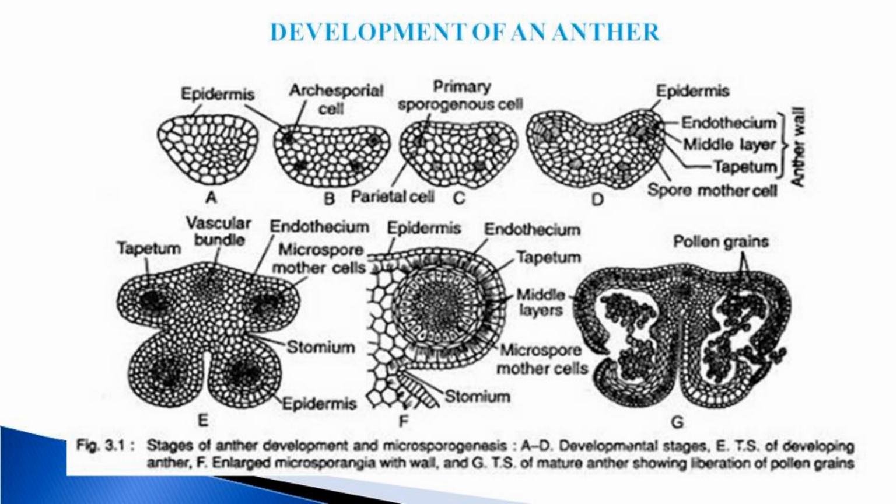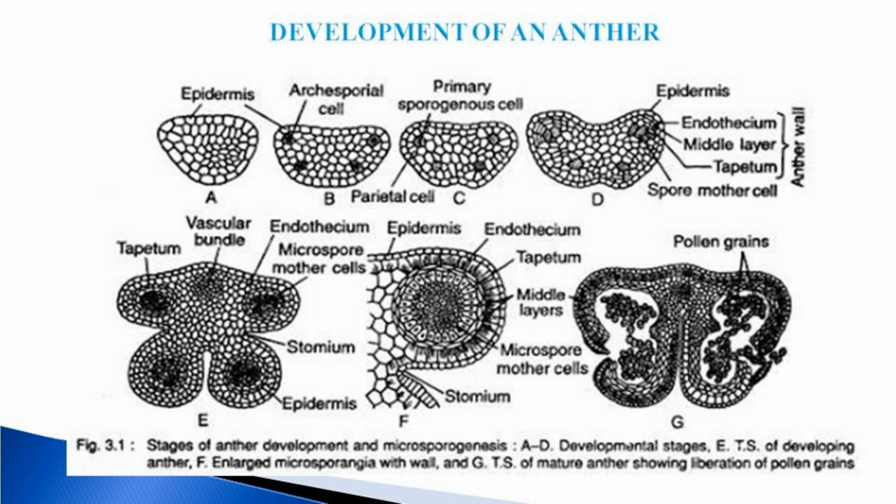Just focus on the C diagram, and after that you can see the primary sporogenous cells divide repeatedly, forming sporogenous cells. See the term sporogenous, spore generating tissues. Those group of cells are known as the tissue, and it will form the sporogenous tissues.